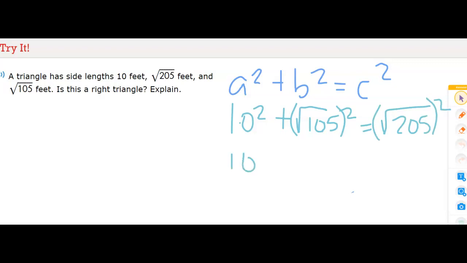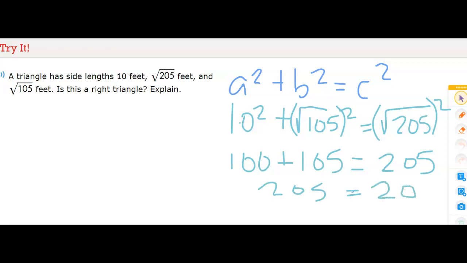So we know this is 100 plus 105 equals 205. 100 plus 105 is 205 equals 205. So is this a right triangle? Yes, it is.